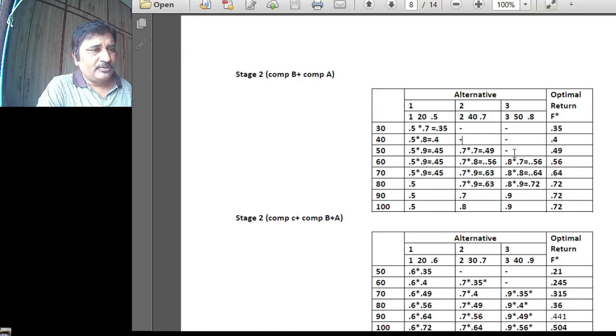Suppose you don't put a dash here, but you write 0.8, and then you do the computation for the remaining value of the state, and you will find that the remaining value of state is 0, and then you will be referring to the previous iteration for finding the optimal return for the 0 state. You don't have it there, so if you don't have it there, you have to write a dash here.